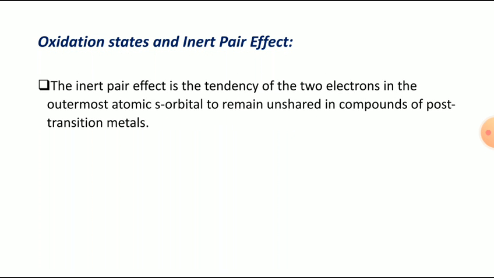So what is meant by inert pair effect? The inert pair effect is the tendency of the two electrons in the outermost atomic s orbital to remain unshared in compounds of post-transition metals.